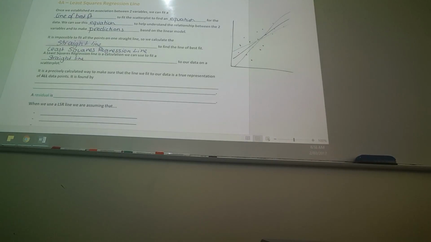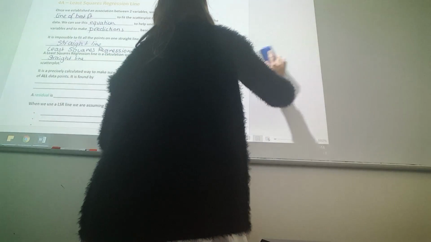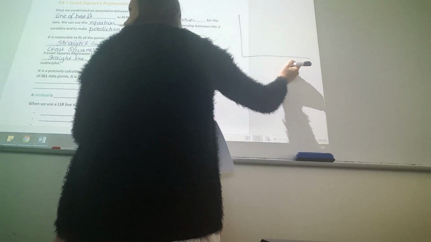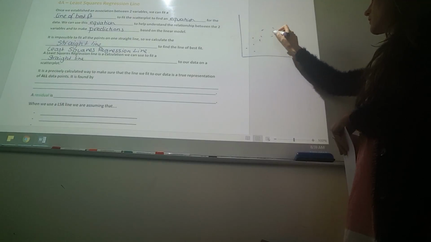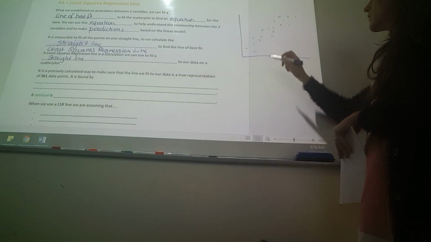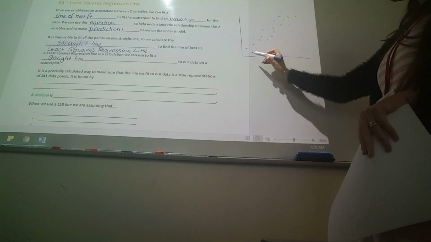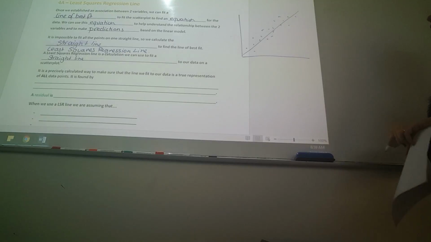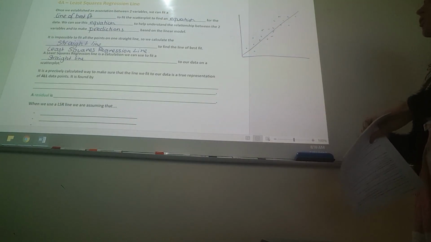So the way it's calculated, if we have a scatter plot and we've got a least squares regression line to it, not all of these data points are on the line.